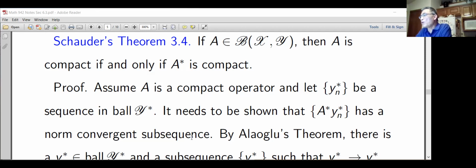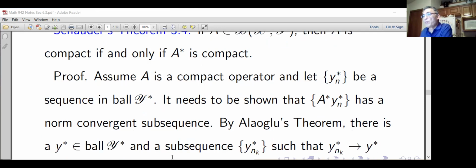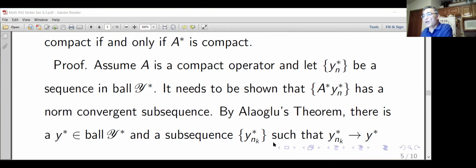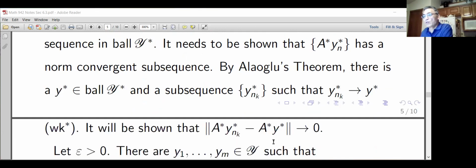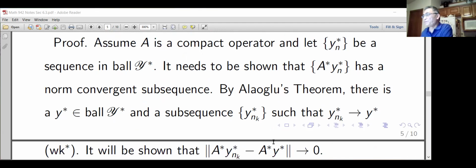So by Alaoglu's theorem, there is a Y star in the ball of Y star and a subsequence Y star n sub k such that Y star n sub k goes to Y star in the weak star topology.